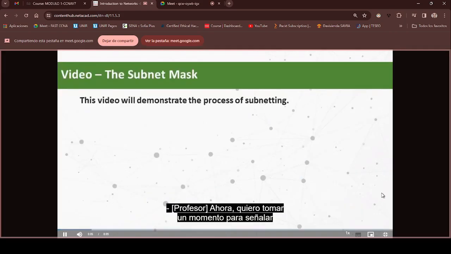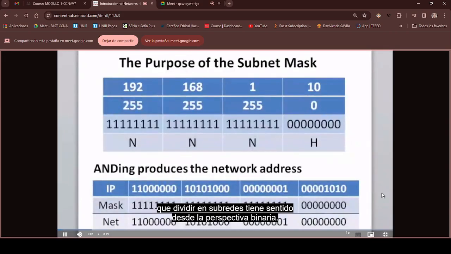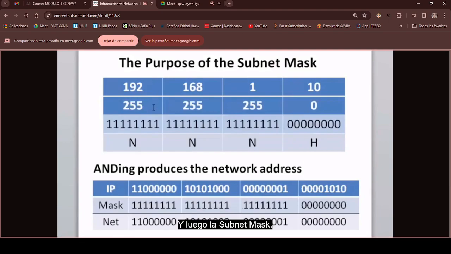Now, I want to take a moment to point out that subnetting makes sense from the binary perspective. In other words, when we take the IP address and the subnet mask and convert them to binary, I have the IP address on this row here, I have the subnet mask on this row, converted to binary, so that the computer and the router are able to logically AND or combine the IP address and the subnet mask and find the network address.